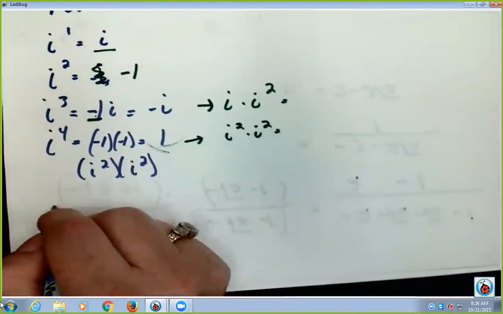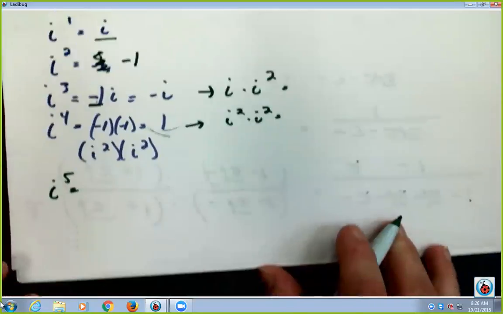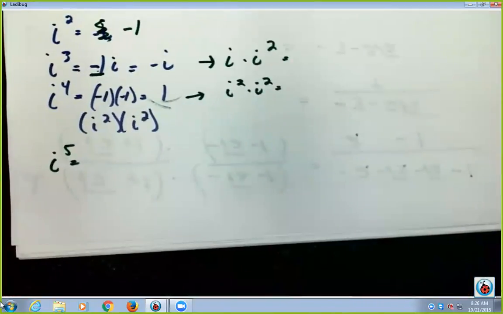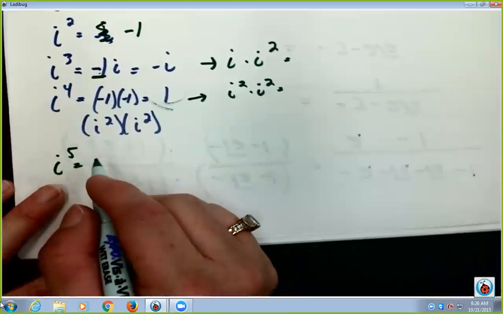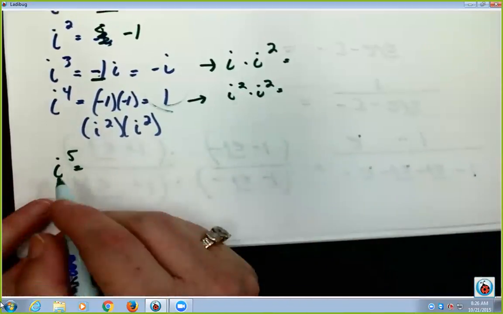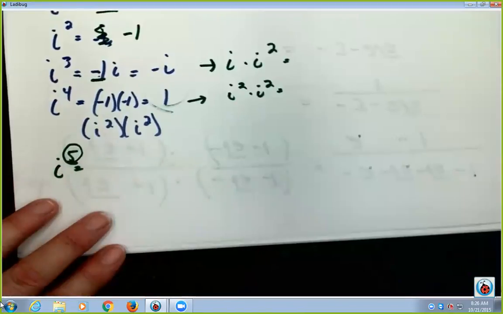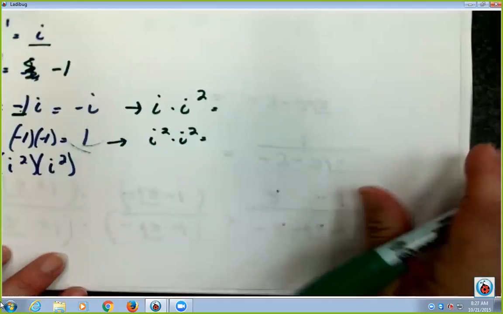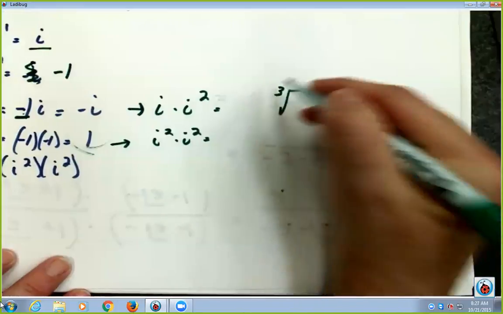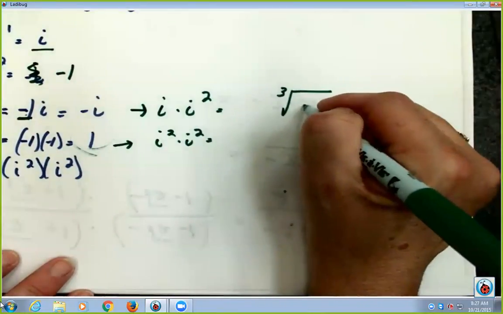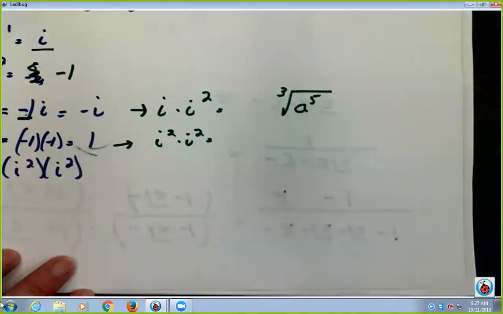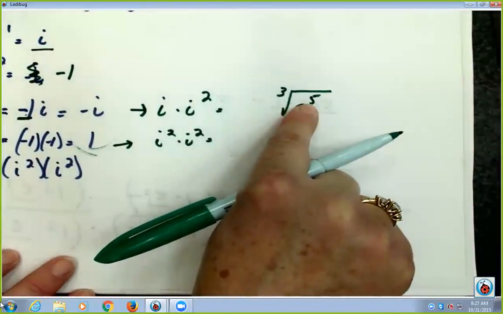So if we looked at i to the 5th power, what does it break down to? I'm looking for how many i squareds I happen to have in these. I can do the same kind of thing we did when we had radicals. When I had a radical with a cube root and an a to the 5th power, I looked for how many times I could get 3's out of that a.